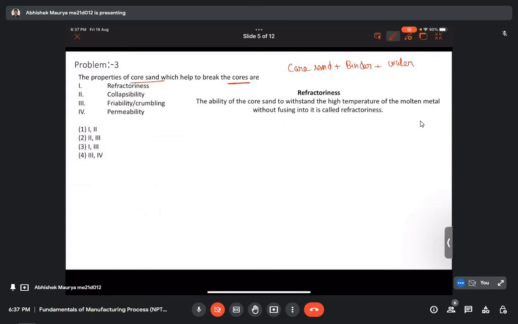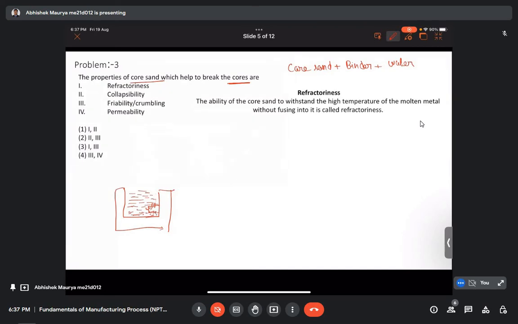And suppose that it is the mold and molten material is poured inside the mold. Now the core is surrounded by the molten metal, and therefore lots of heat transfer would happen into the core from the molten metal.